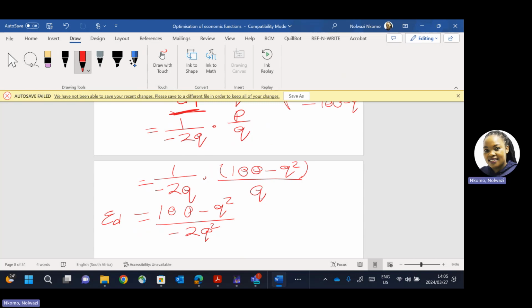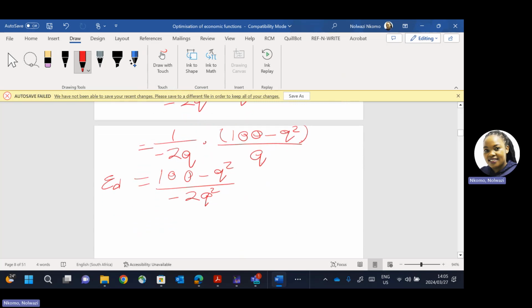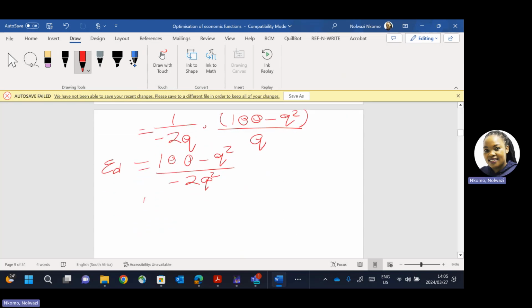Now, suppose that we are given the price as 50 per unit. So we have P equals 50.